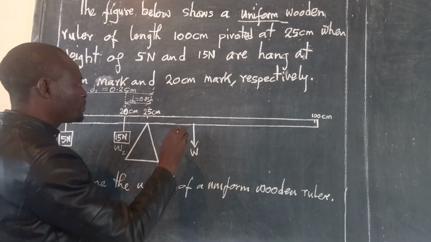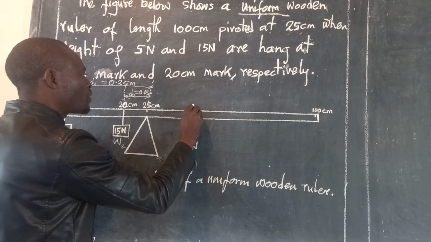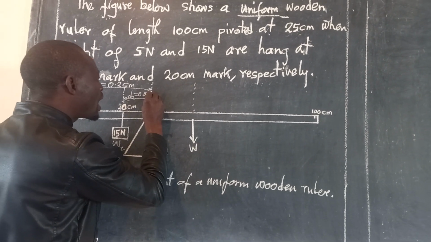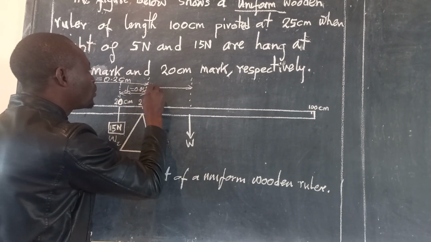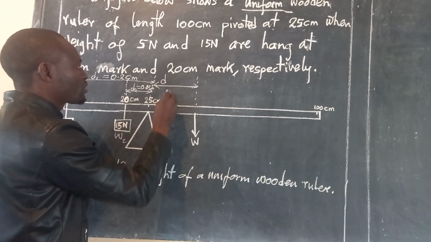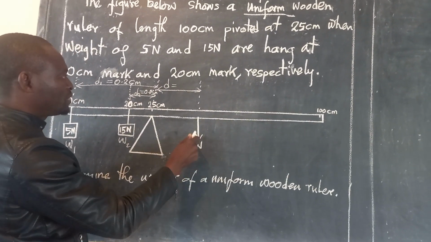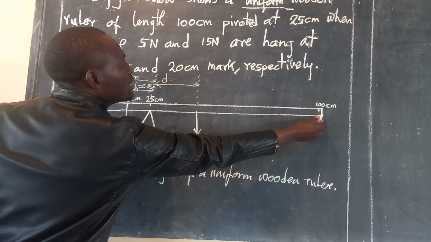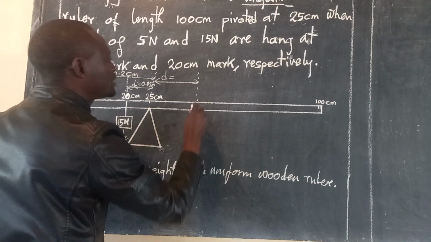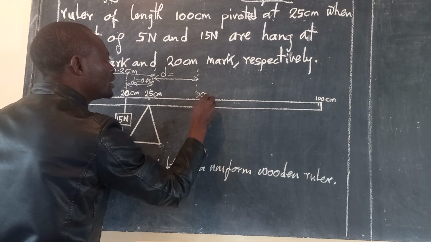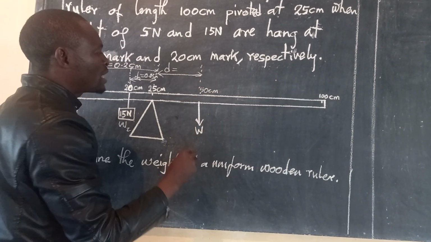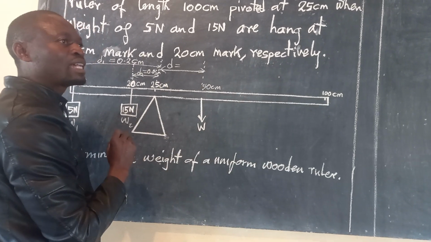So, what is the distance from the center of the ruler to where the pivot is? We can call it D. The half of 100 is 50, so the weight of the ruler is concentrated at the 50 centimeters mark.